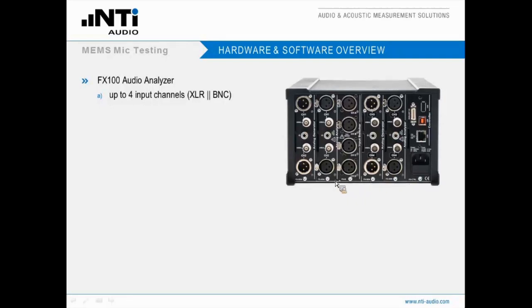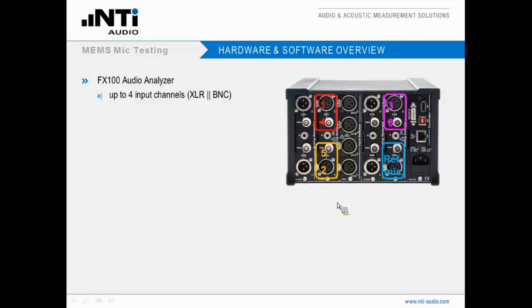This example here has 4 channels. You can see that here each of these channels has 2 connectors, an XLR and a BNC. So that would allow you to connect up to 6 microphones directly to the inputs of the test instrument. The last input channel is reserved for the reference microphone.